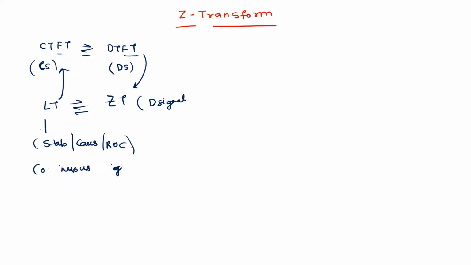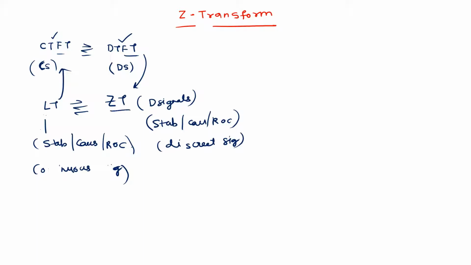But what does the Z transform do? Similarly, it also speaks about stability, causality and ROC for discrete signals. To observe in the frequency domain, we have CTFT for continuous signals and DTFT for discrete signals. To talk about stability, causality and ROC of the system, for continuous signals we have the Laplace transform. For discrete signals there is something called the Z transform.